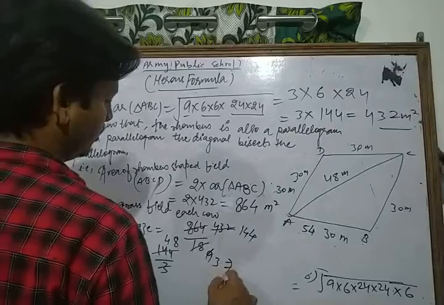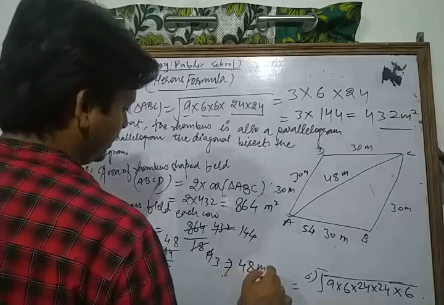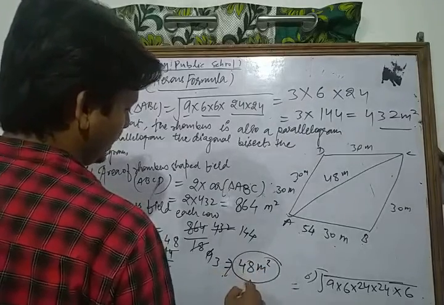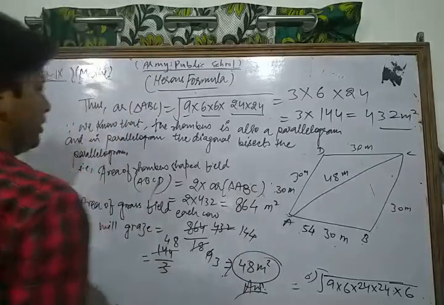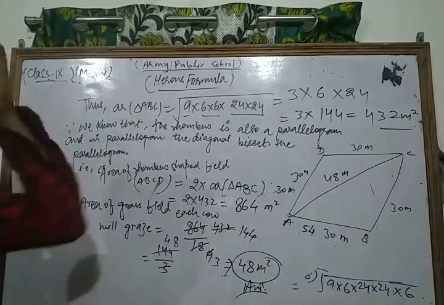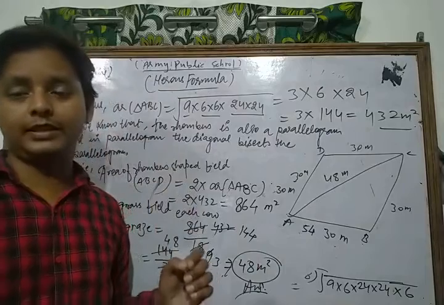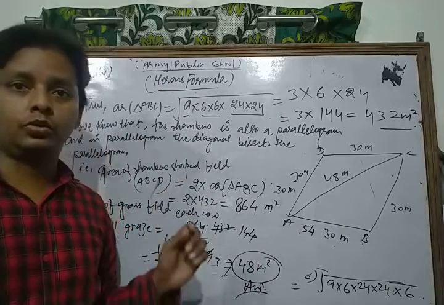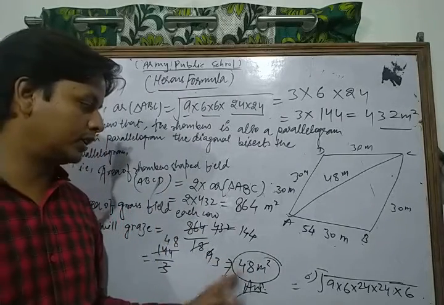Thus the required solution is 48 meter square, the area of the field grazed by each cow. So this is the required solution of the given question.